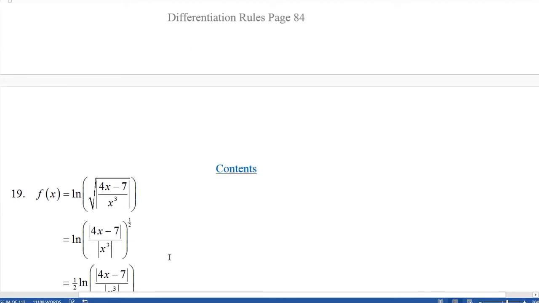Okay, the best thing we can do with this is to use some properties of logarithms first. The square root can be written as the 1/2 power, and we could take the absolute value of the numerator and denominator separately here.